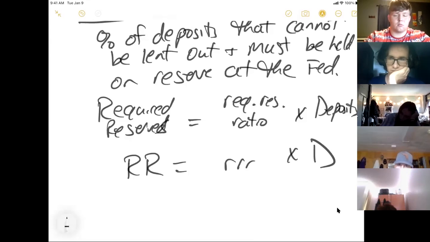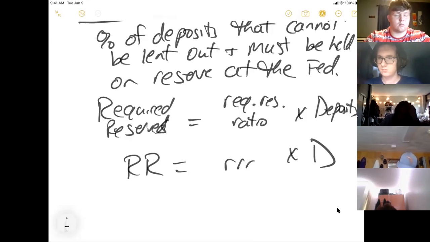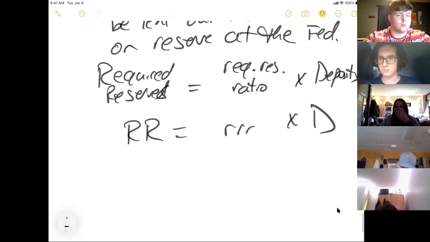Whatever this required reserve ratio is, you multiply that by the amount of deposits to get the amount of required reserves that the bank has to hold.